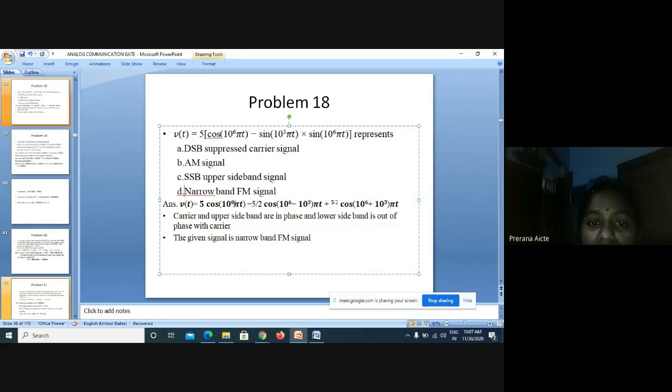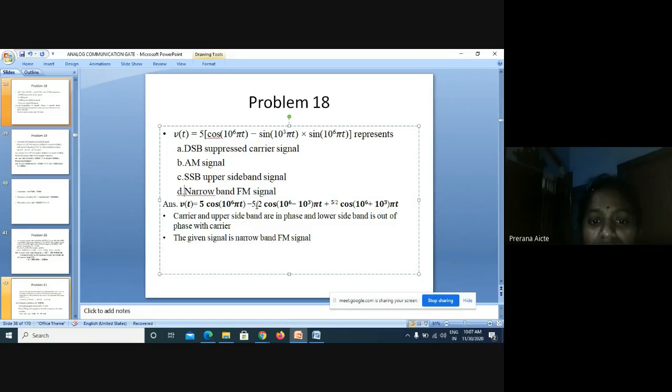Just observe: carrier signal, upper sideband, lower sideband. But here, your lower sideband is out of phase with your carrier. So narrowband FM is similar to amplitude modulation, but the only difference is your lower sideband is out of phase with the carrier.